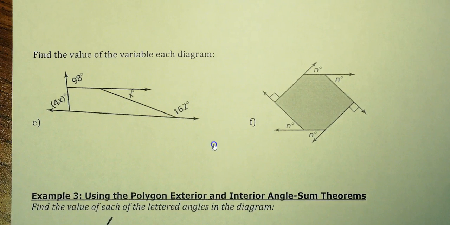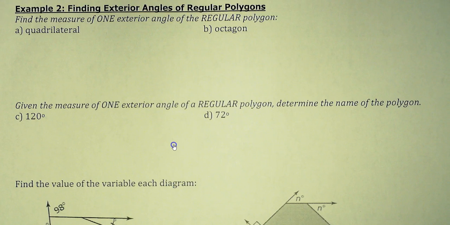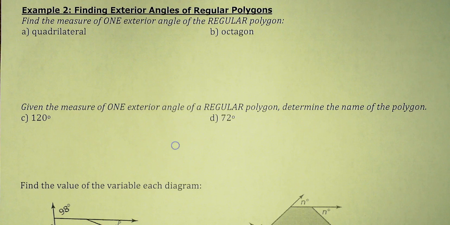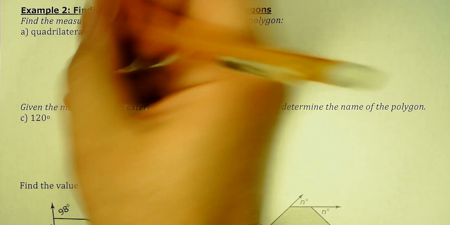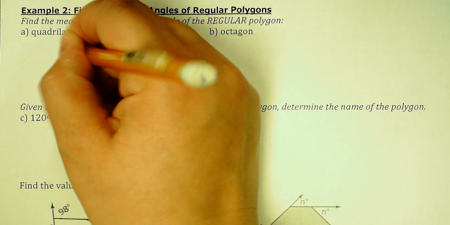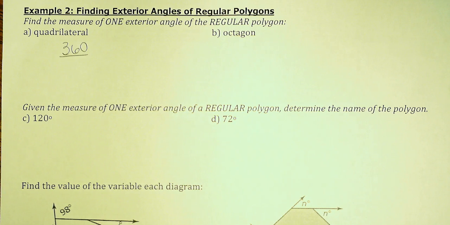Alright, so let's flip to the back. Okay, so if I'm talking about an exterior angle, and I'm talking about a regular polygon again, then those have to always be exactly the same. So one exterior angle of a regular polygon, well, exterior angles, no matter the shape, add up to 360.